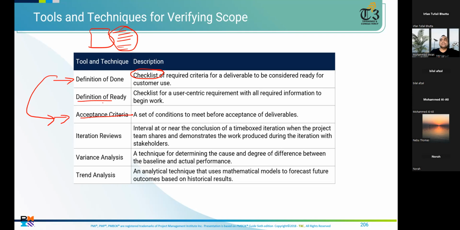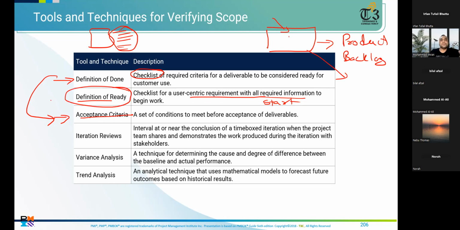Definition of ready means you have enough information, the required information to start the work. Let me explain it again. You have enough information that this story can come into the product backlog and the team can start working on it. So the team will only work on stories which have a definition of ready.